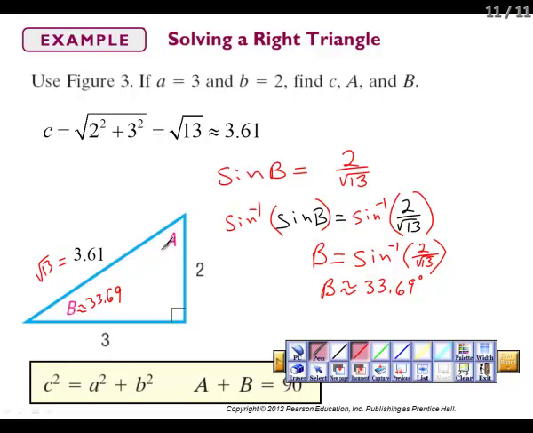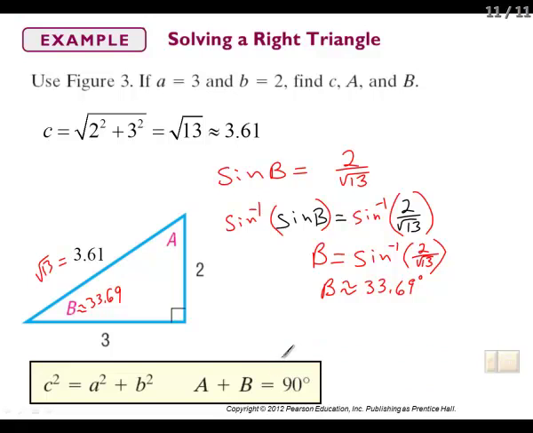Well, how do you think we're going to find angle A? You should have said that we're going to subtract the 33.69 from 90. So this would be 90 minus 33.69. And so now I'm just going to put in here 90 minus, and then second and answer.